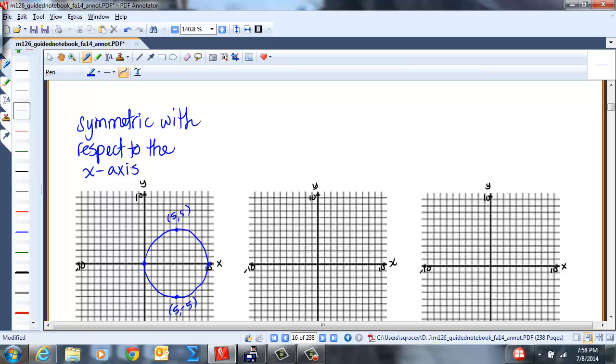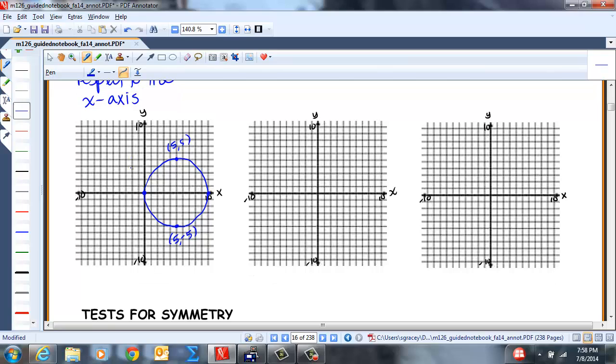Good so far? Okay, so now let's do another one. Let's see what we have. Do a point here. Okay, what do you think about this guy?